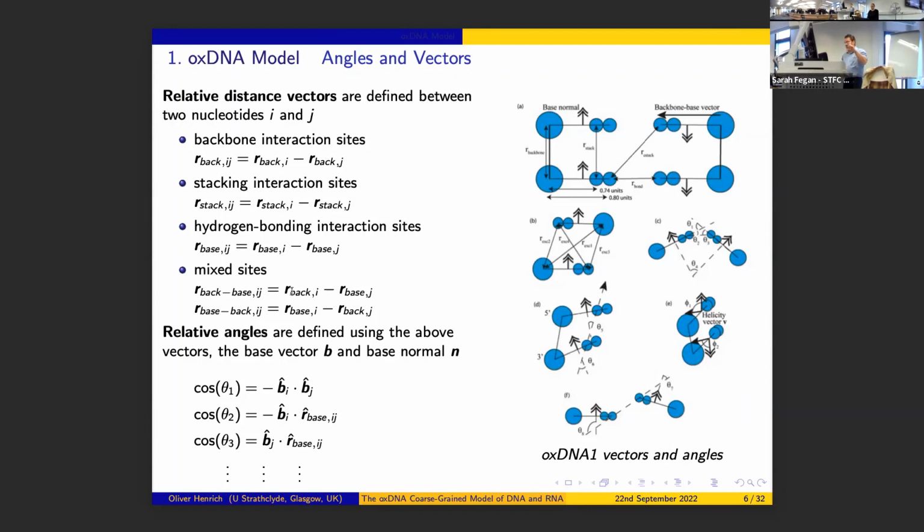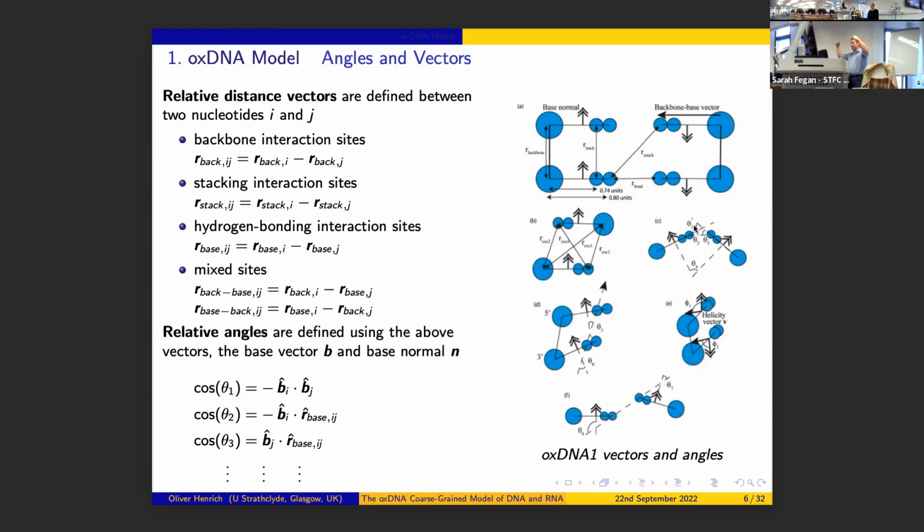And with these relative distance vectors, you can define angles. I don't know if this is clearly visible on your screens, but there's, for example, this θ1 angle, which appears here in this small image C, and that is simply the negative of the projection of these base vectors. So it tells you how the base vectors are oriented with respect to each other.